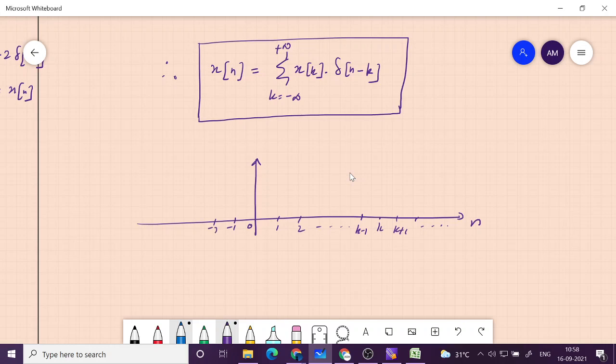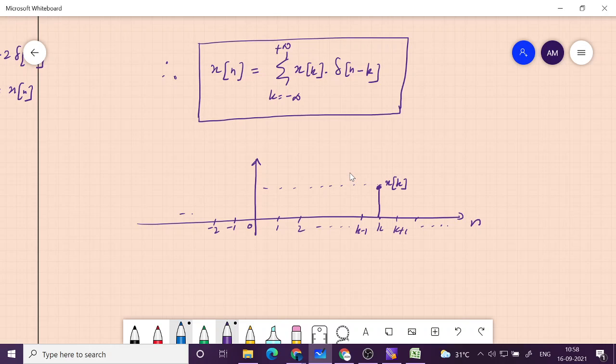Similarly minus 1, minus 2, etc. If you take one term, what it says is that at k you have a value, and the value is basically the height. This height is basically x of k.